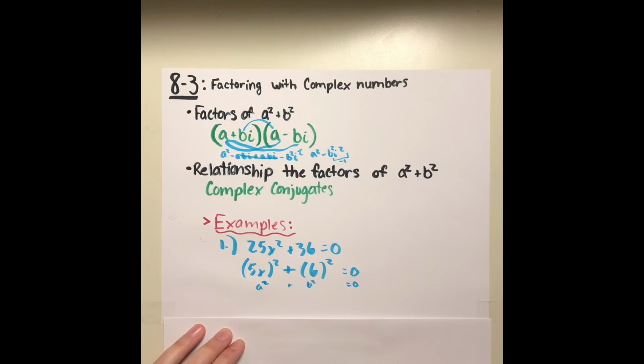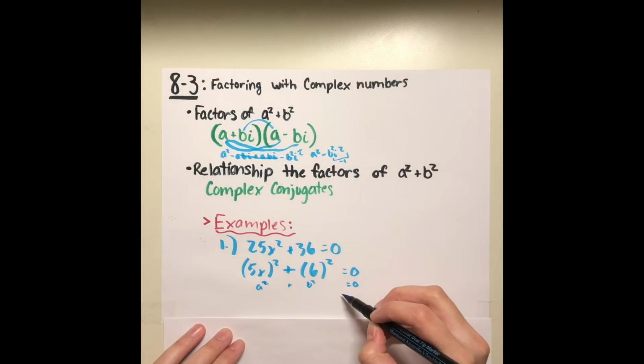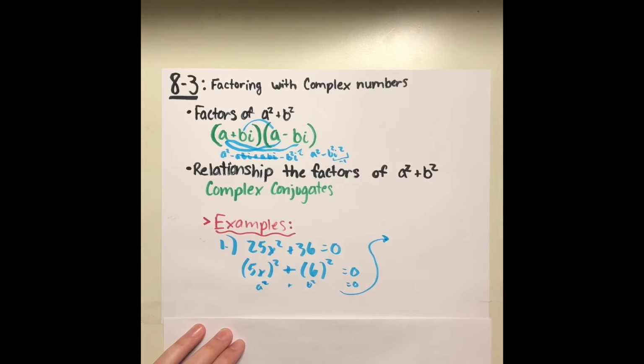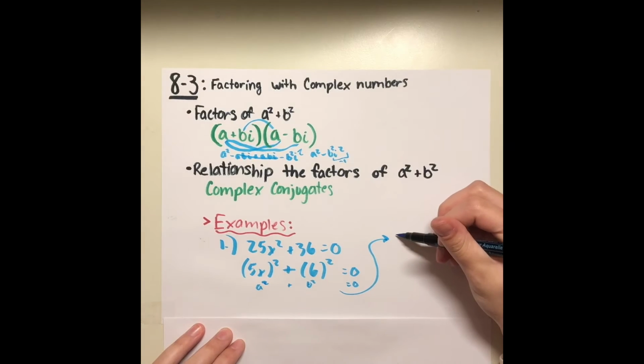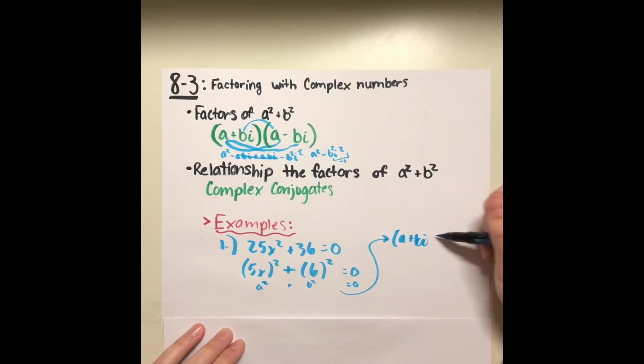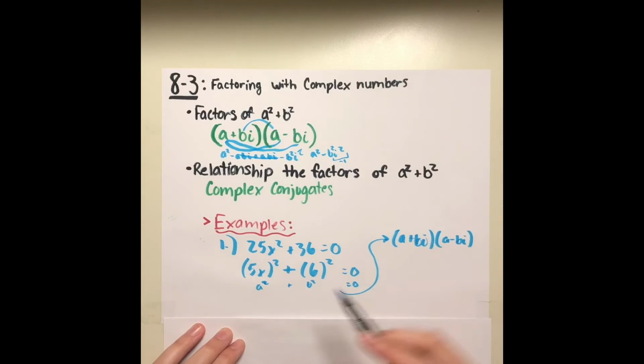So yeah, but now we want to take it more and put it into what factoring would look like. Since we know from up here that a plus bi times a minus bi are both complex conjugates, we can put this into the form of that.